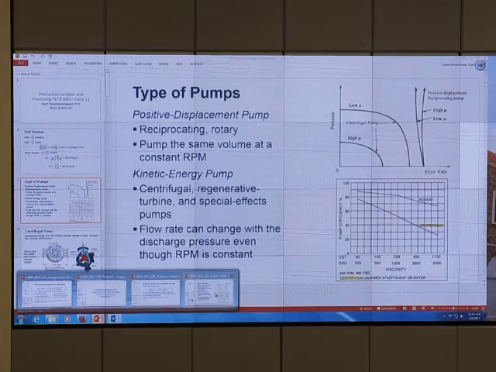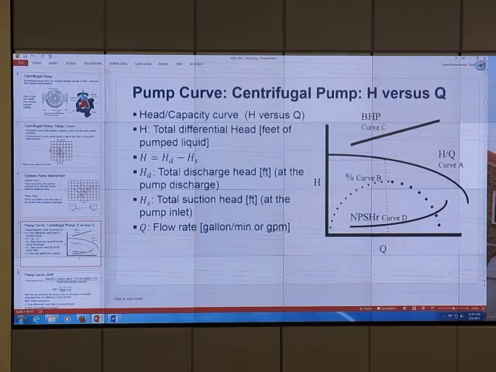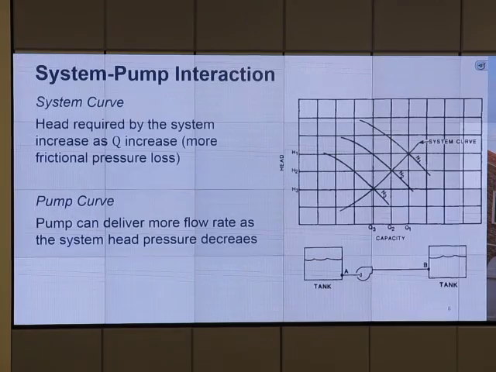Let's go back. Head required by the system increases as Q increases. So what does it say to you? More friction, pressure loss. Look at this one.